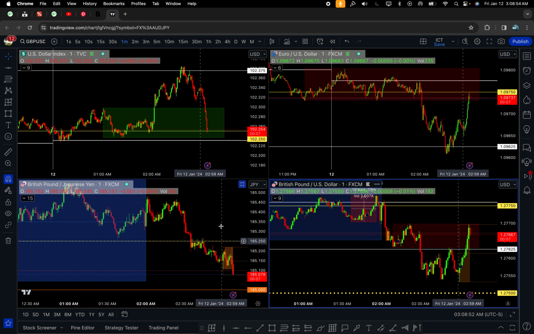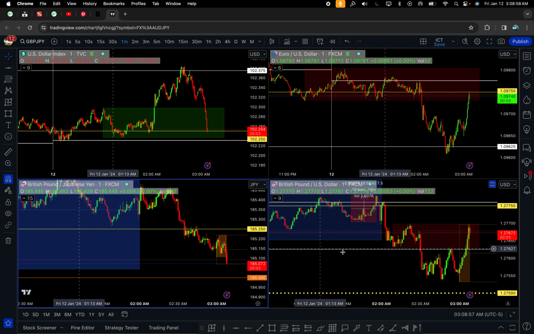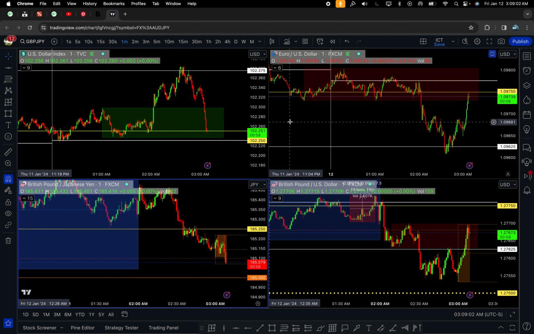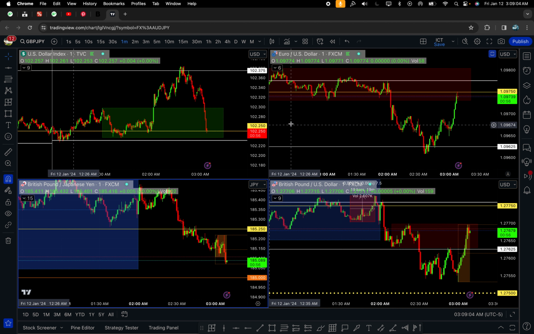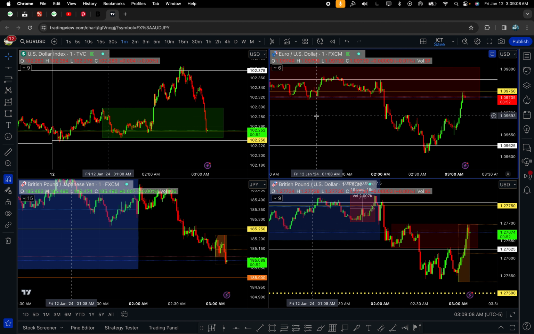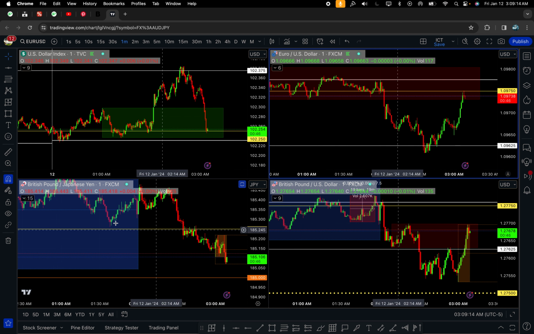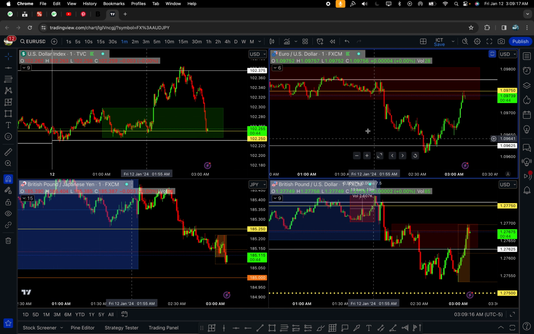Pound yen is headed back down, so hopefully that's good for me. Oh, I kept calling that the euro, didn't I? I meant pound yen.